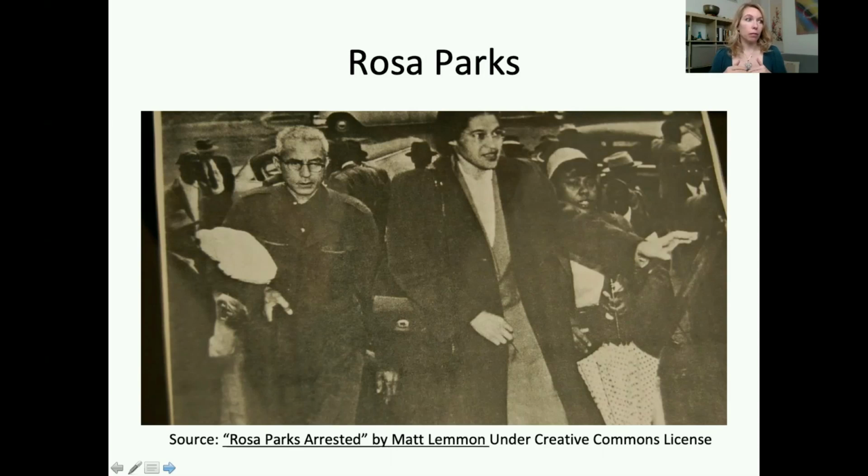A lot of Black people, and also white people who supported this movement, refused to ride the buses anymore. This was known as the Montgomery bus boycott, which took place in Montgomery, Alabama. Rosa Parks was the trigger, the point that set this whole thing off.